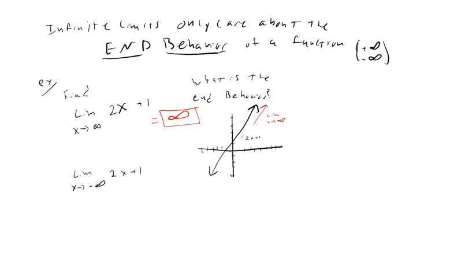Now we're going to the left side. Now we're going towards negative infinity. This is the end behavior, right? Limit as x approaches negative infinity. Well, we're going forever downward. So yeah, it's going to be negative infinity. The end behavior of the function is going down forever.